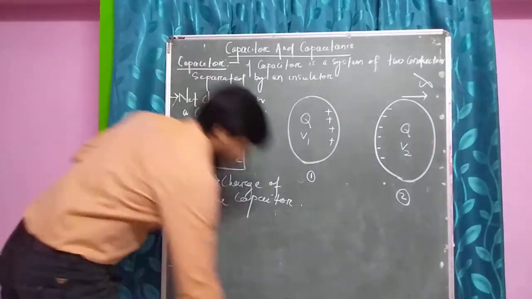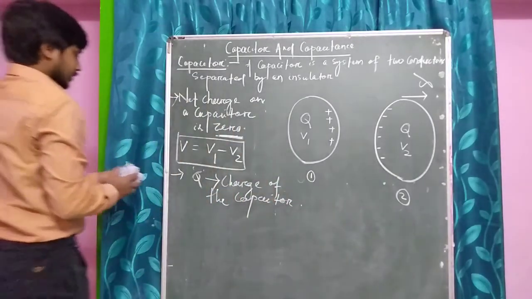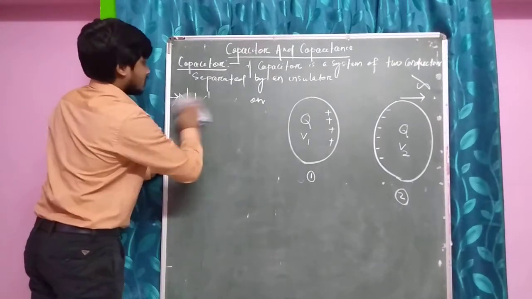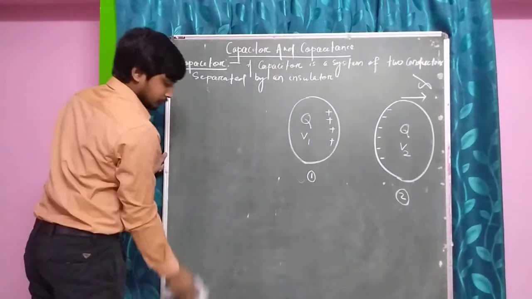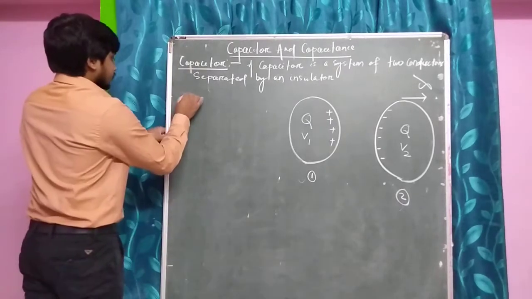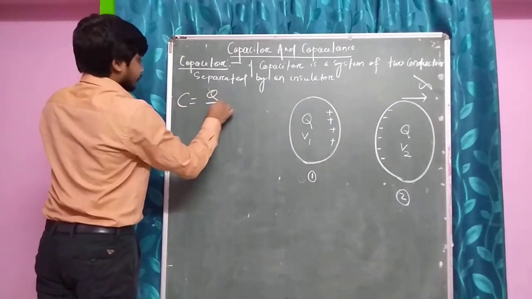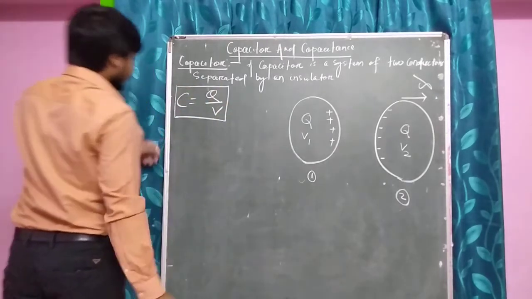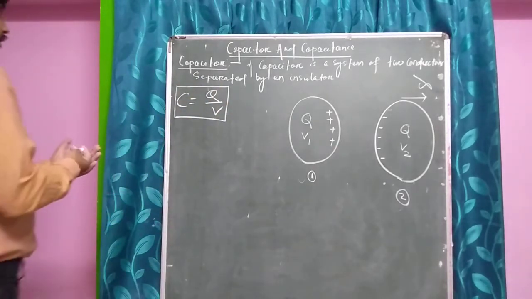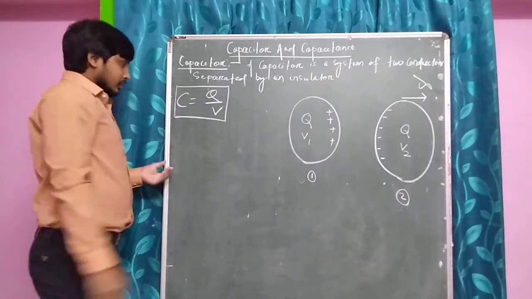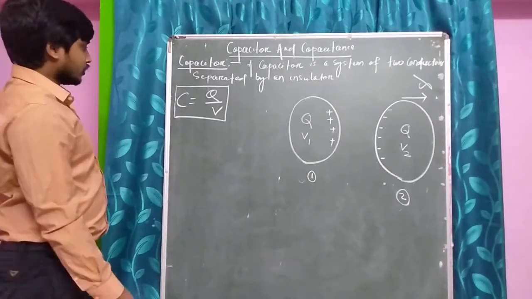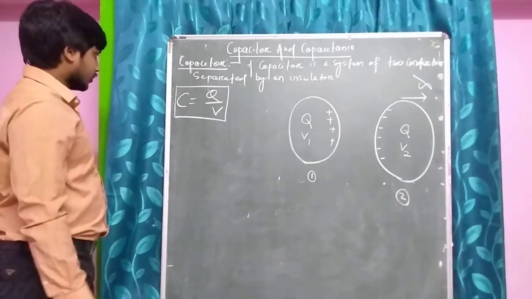Okay. Now coming to the capacitance of a capacitor, which is given by C equal to Q by V. Capacitance of a capacitor is the ability of the capacitor to store electric charge. It measures the capacity of the capacitor to store electric charge.